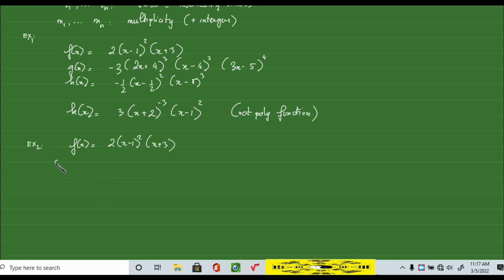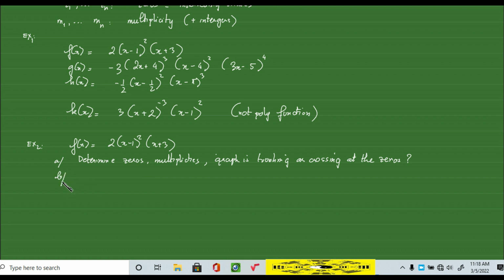And I want you to determine, first question, the zeros, which means the x-intercept values, and the multiplicity, and also determine if the graph is touching or crossing at the zero. Alright, so we need to figure out that.